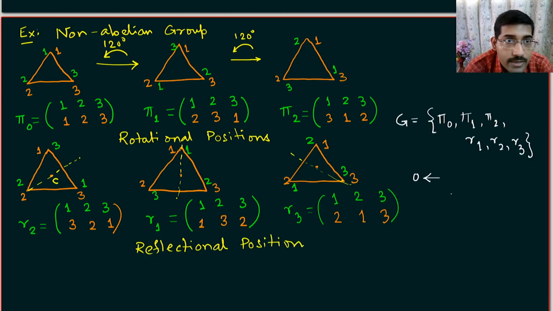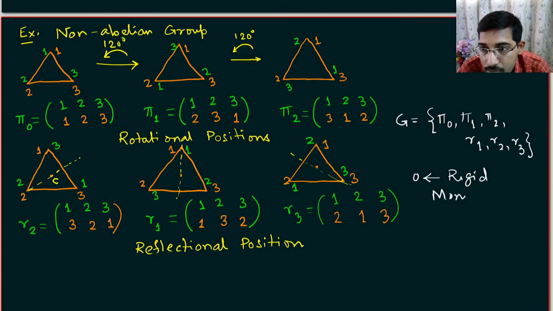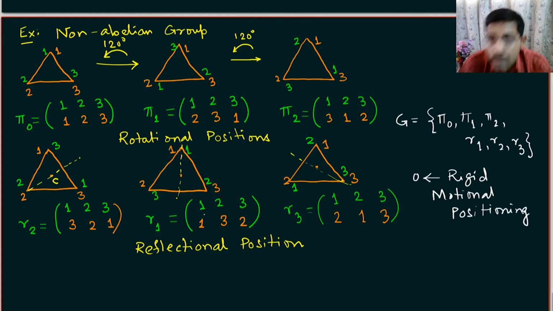These are the motions that can happen to an equilateral triangle. We call these operations rigid motional positioning, where I just change the position.